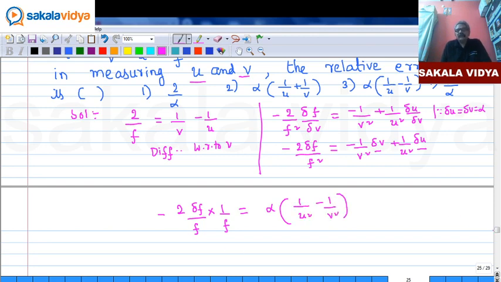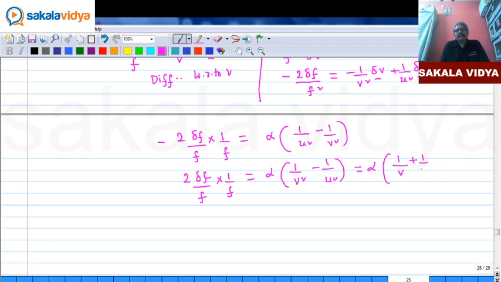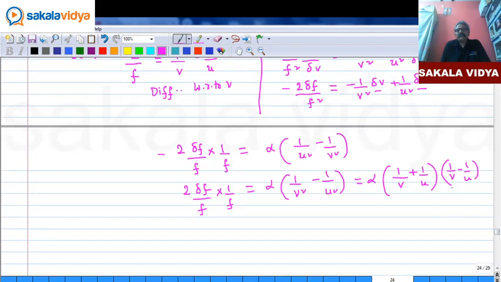Multiply with minus sign, you get 2 delta f by f into 1 by f equals alpha into 1 by v square minus 1 by u square. So, this can be written as alpha into 1 by v plus 1 by u into 1 by v minus 1 by u. It is a very interesting factor. See, 1 by v minus 1 by u equals 2 by f. So, you can substitute 2 by f in this place.